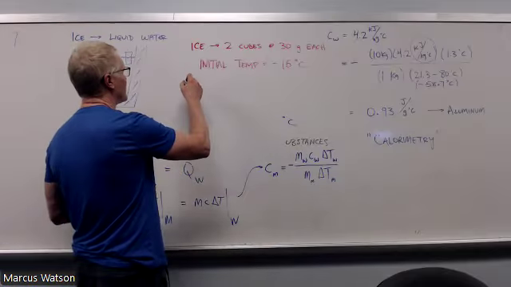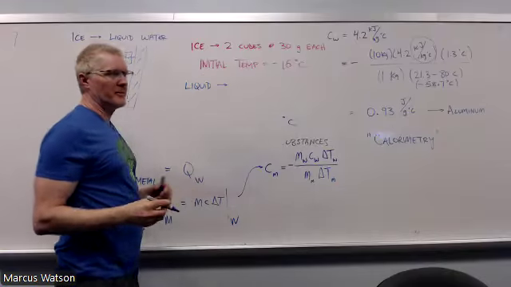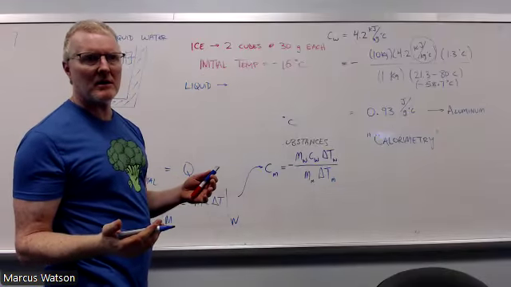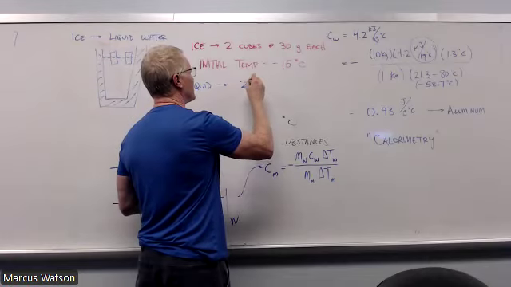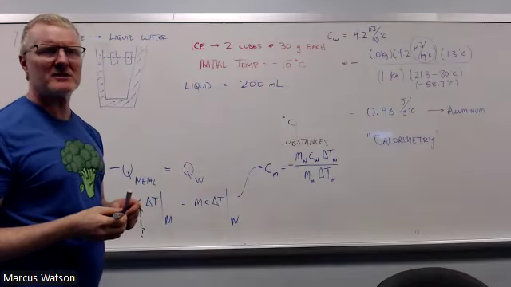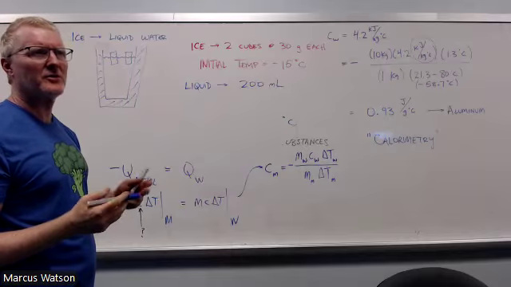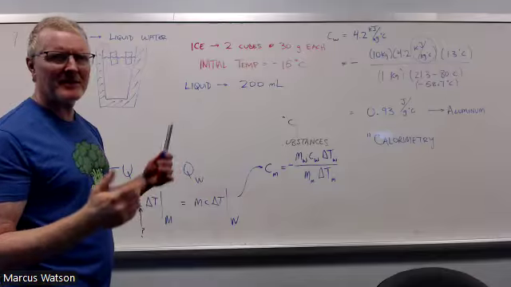But I want to go back to here. Let's go to the liquid. Let's suppose we have a standard amount of liquid, like 200 milliliters, which is slightly less than 8 ounces, so like 250 mils? Something like that.